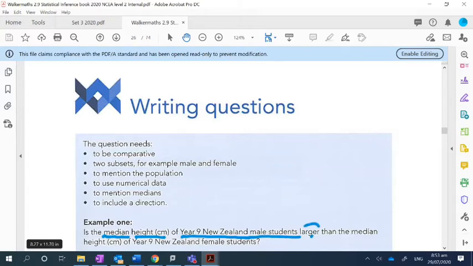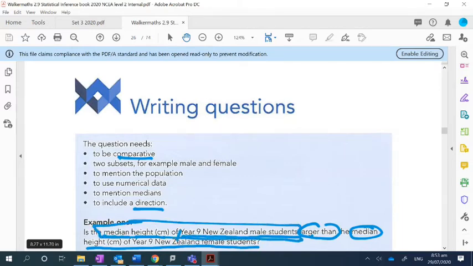Larger than, why am I happy there? That's direction and comparative. That's a comparison, giving you the directions on how you're comparing. Then, the median, again, median makes me happy, got to have it. Height of Year 9 New Zealand female students. So if you look at these two things, these two pieces are identical except that one is male students and the other is what?